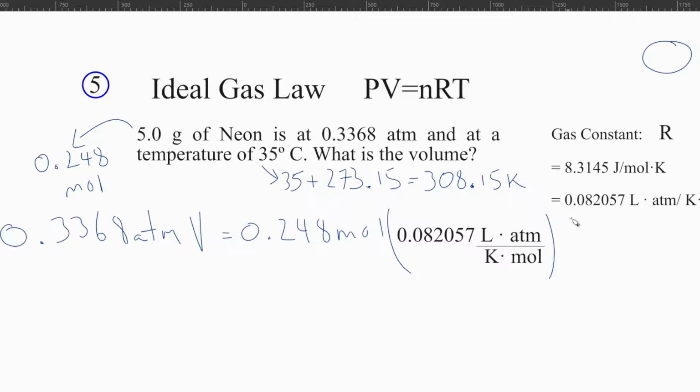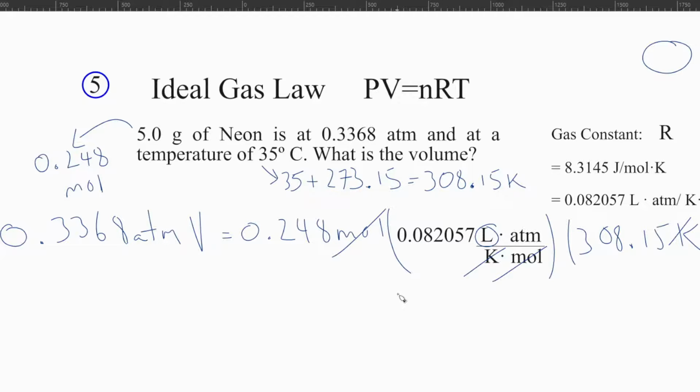Temperature, which we said was 308.15 Kelvin. And so when you do this, you can see Kelvin is going to cancel out, moles is going to cancel out, and then when we get over on this side, we'll cancel out atmospheres as well, and we'll be left with liters. So that's why we need to have this R in here. Otherwise, our units just blow up.